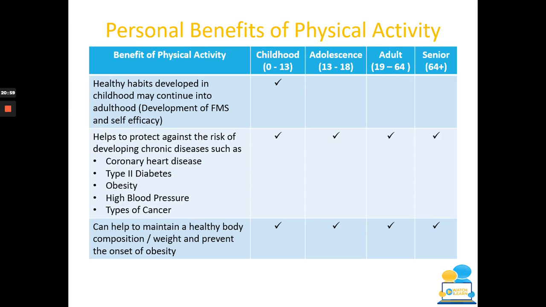So our learning outcome that we talked about earlier was that we were to discuss the benefits of physical activity. So when we're discussing, we have to provide evidence for the opinions or the conclusions that we draw. So again, here we have healthy habits that we develop in our childhood may continue into our adulthood.